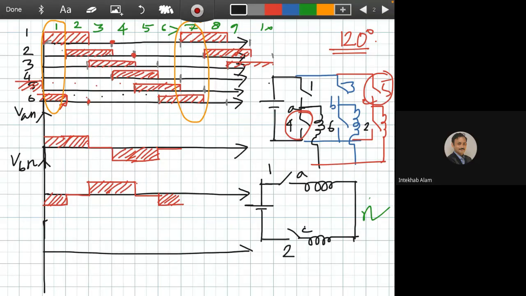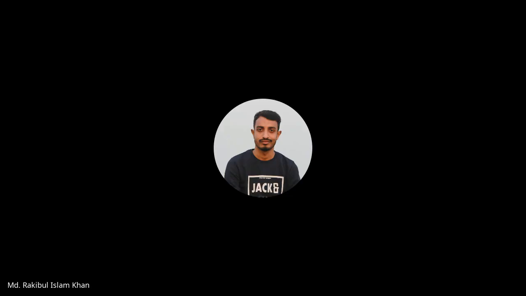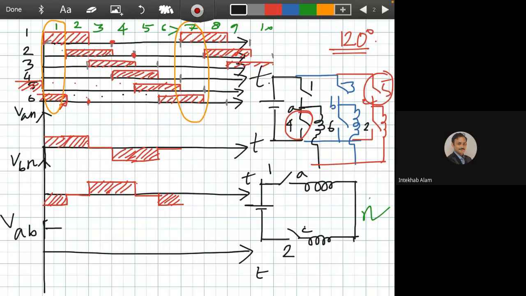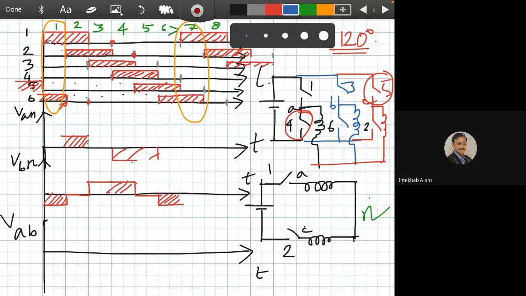So now we will draw the output of VAB. Okay. If the output is VAB, what will be the value? Sir, Vin 1 will be half. Minus half. Good. It's 1. Sorry. I will draw it with blue. This is 1.